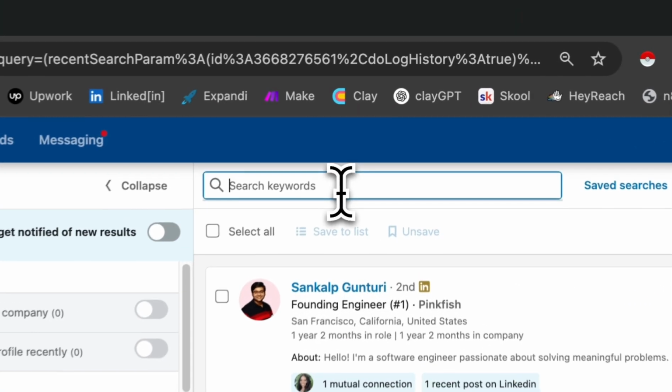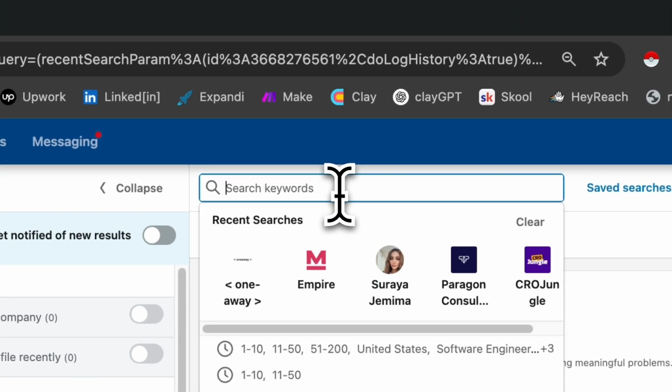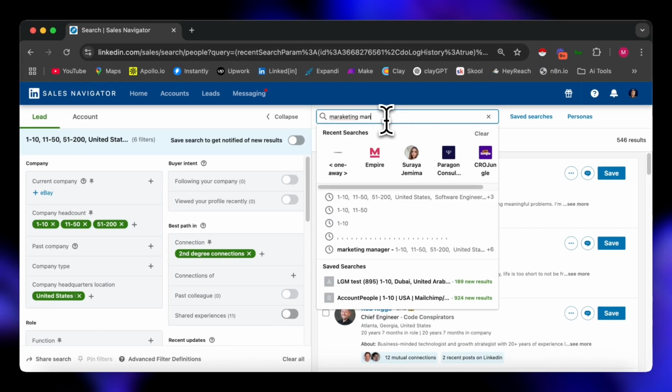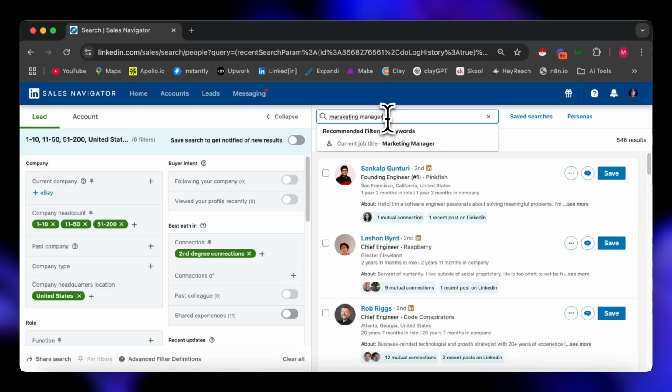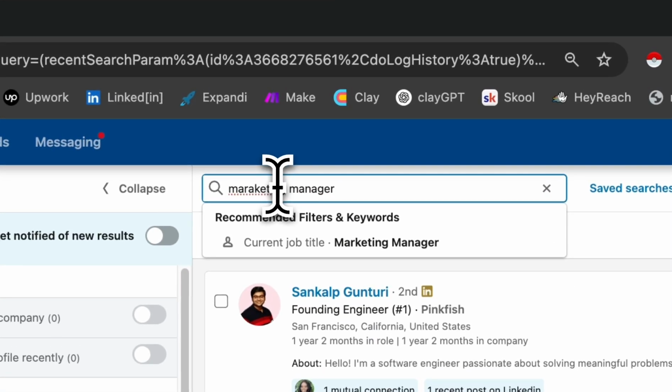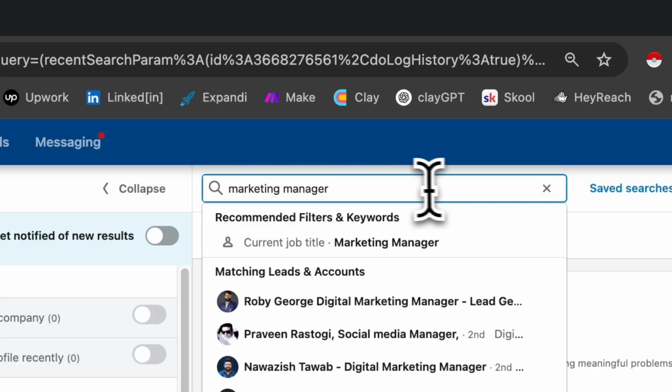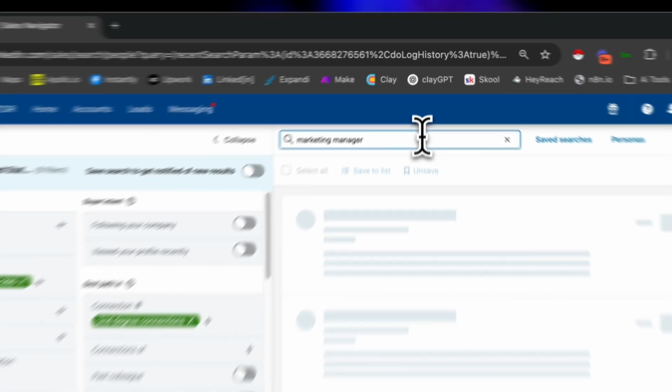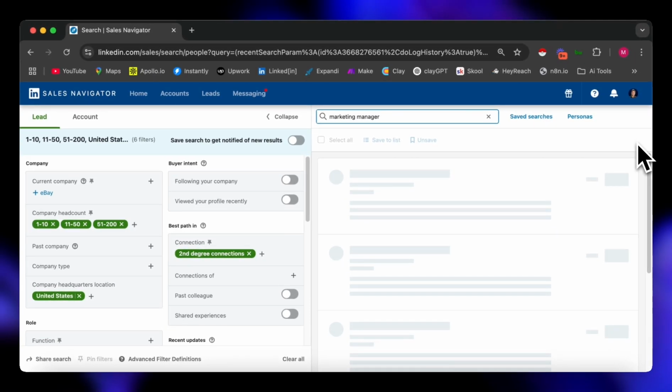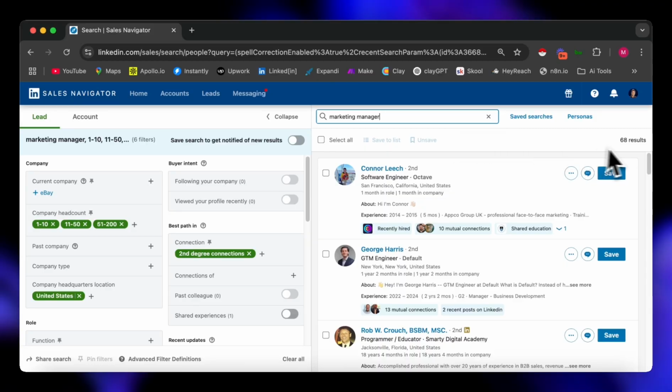Okay, so keywords. Now we can talk about, let's say we want a marketing manager. So marketing manager, let's spell things properly here. Okay, so we have a marketing manager, which is great. I'm just going to add that in. It probably will be a very small set of individuals. So 68 results. Now, because we have two words, in LinkedIn, what you can do is you can start to use what's called Boolean search parameters, tactics, whatever you want to call them.